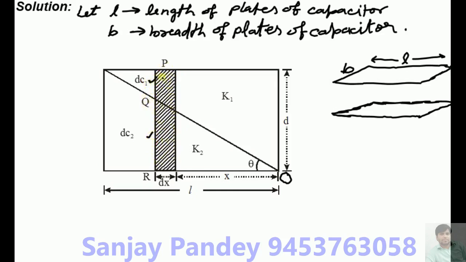The net capacitance of this strip is given by 1 upon dC is equal to 1 upon dC1 plus 1 upon dC2. Here dC is the net capacitance of this strip.